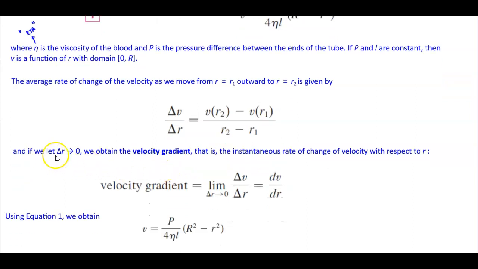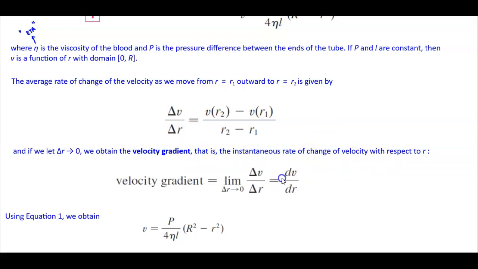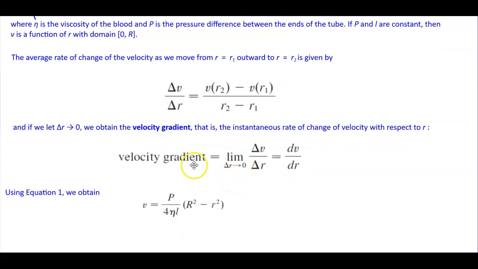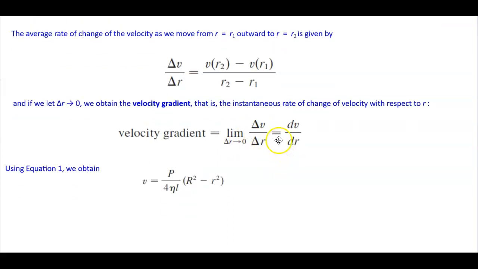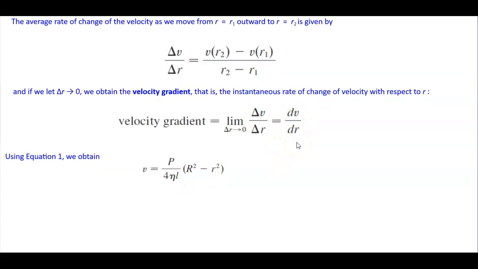If we let the change in r approach 0, we obtain the velocity gradient, the instantaneous rate of change of velocity with respect to r. The velocity gradient is the limit as the change in r approaches 0 of the change in v over the change in r, which is equal to the derivative of v with respect to r.